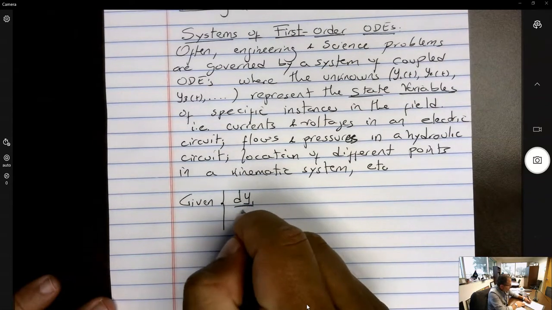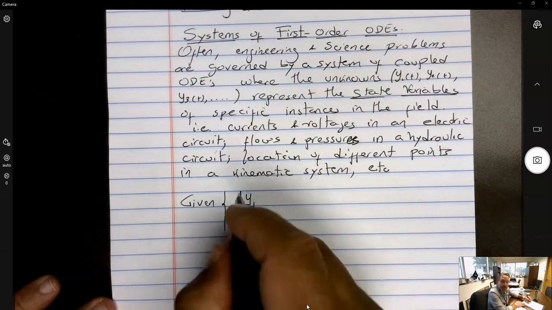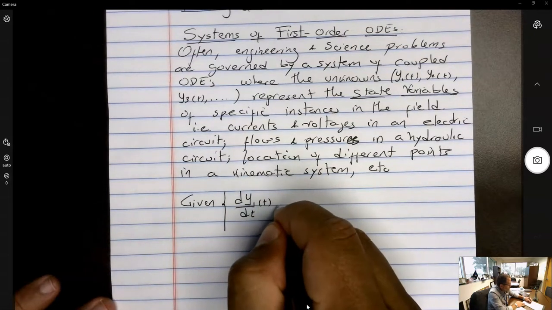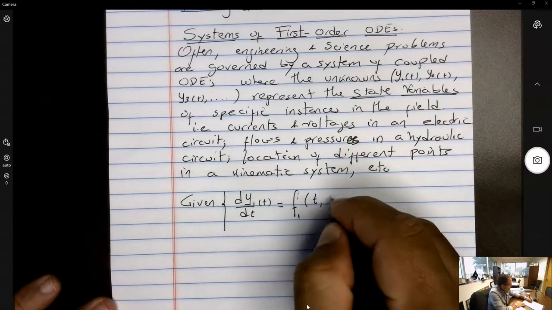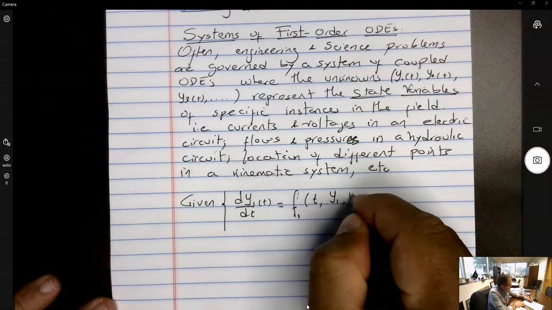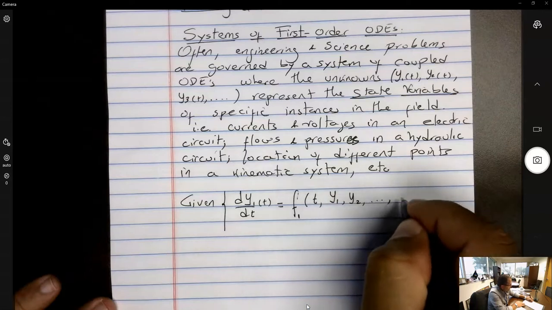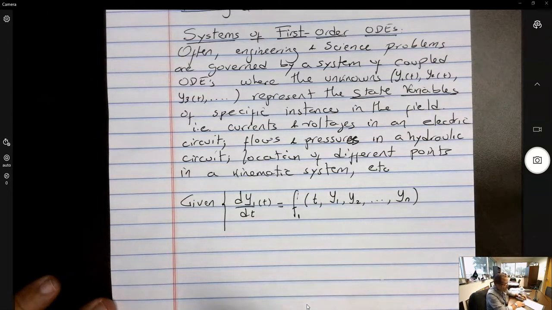So we have the equation for variable 1, which is y1 as a function of time, is equal to some function 1 that is a function of t, and of y1, y2, all the way to as many state variables as you have in the system.